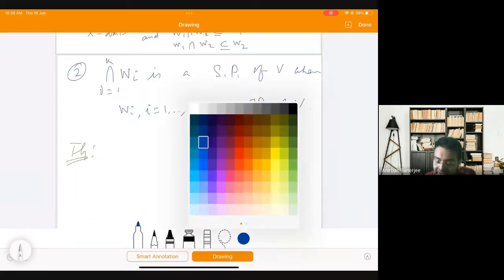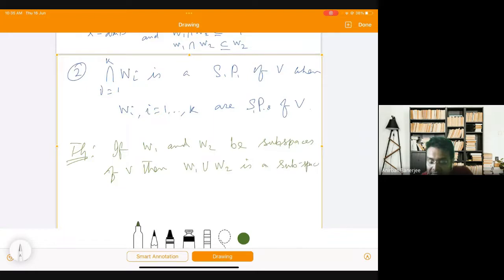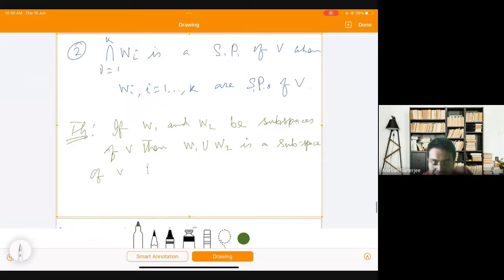So that's why you can say that, let's say if W1 and W2 are subspaces of V, then W1 union W2 is a subspace of V if and only if either W1 is a subset of W2 or W2 is a subset of W1.